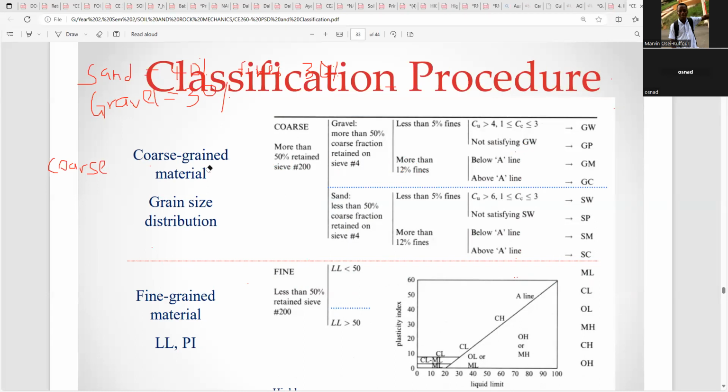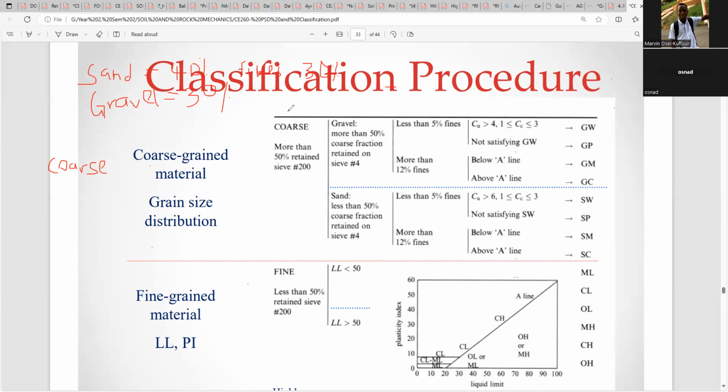So you come to the table. Then the first column of the table is asking us to check whether the soil sample is coarse or fine.